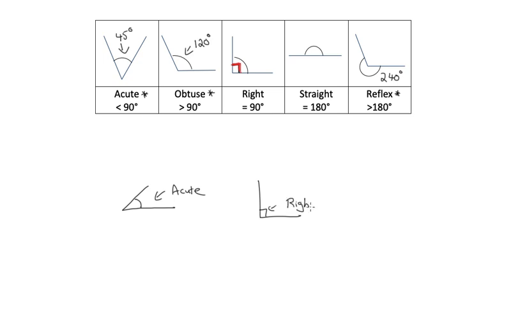Sorry, a right angle. I'm getting ahead of myself. And then if you see one that looks like you're lazing back in a chair, that, well, you can say, oh, this is more than 90 degrees, so this must be obtuse. All right, that's all you have to do for homework.